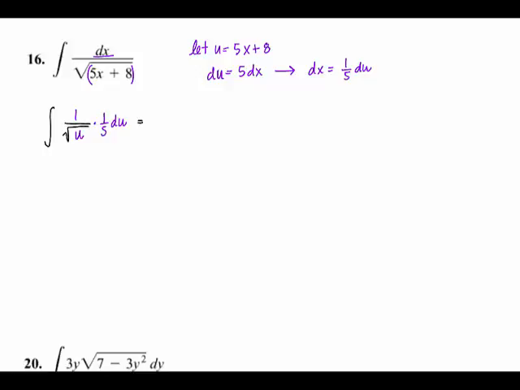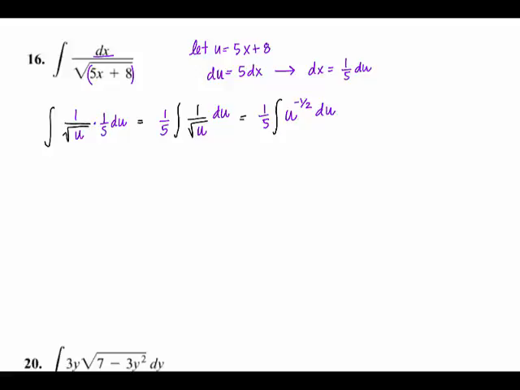Remember, the 1/5 is a constant, so it can come outside the indefinite integral of 1 over the square root of u with respect to u. And probably we want to rewrite the square root as to the -1/2 power, so that would be 1/5 times the integral of u to the -1/2 with respect to u.